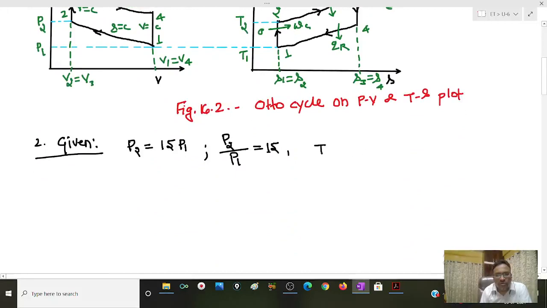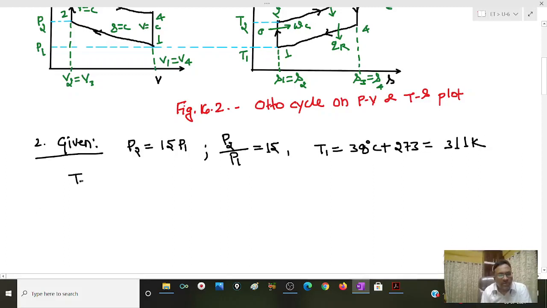So I am going to consider the absolute temperature. The initial temperature at the beginning of compression, T1, will be 311 Kelvin.